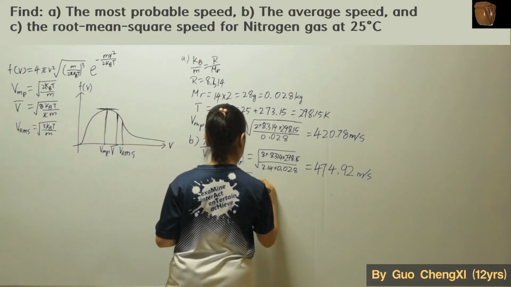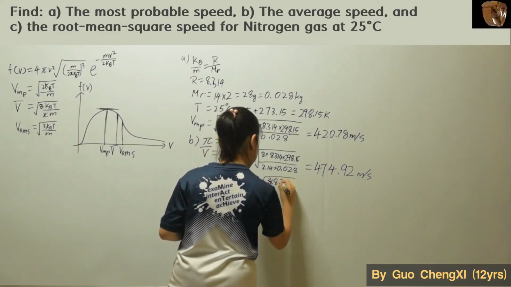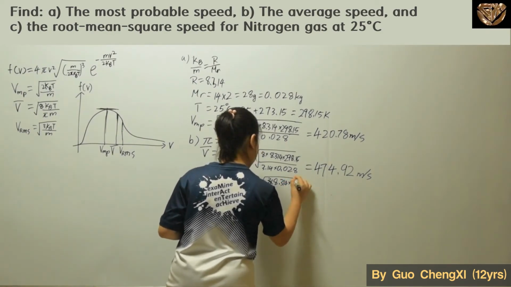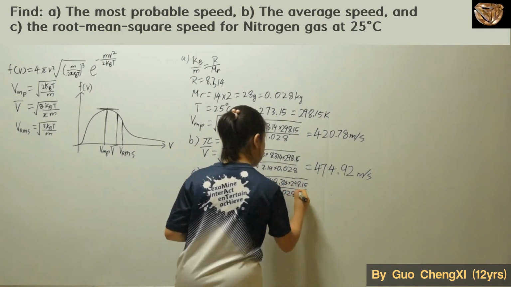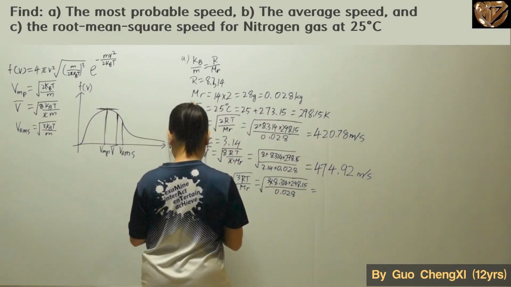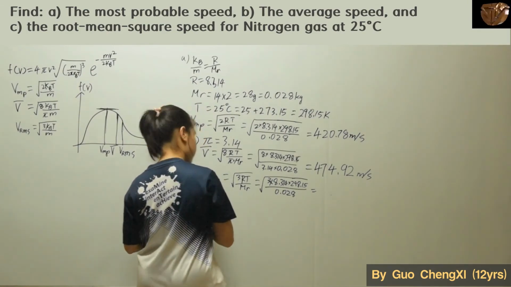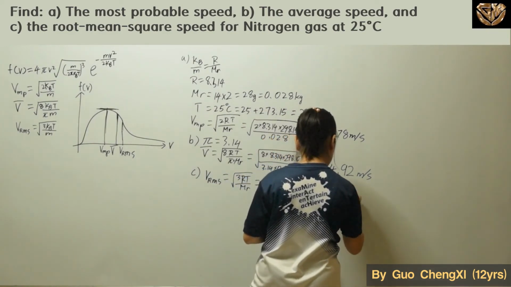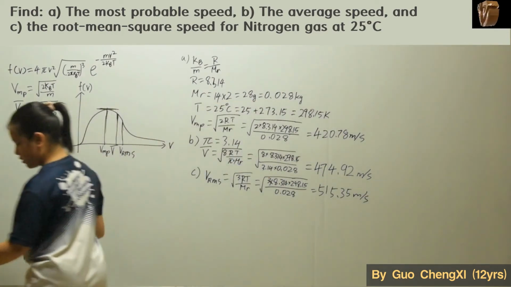So what we're going to have here is 3 times 8.314 times 298.15 over 0.028. So now over here, if we calculate it, what we get is 515.35 meters per second. So that is what we get for this lesson.